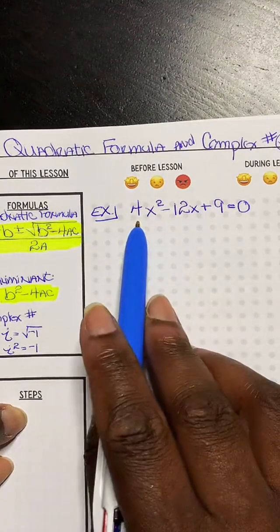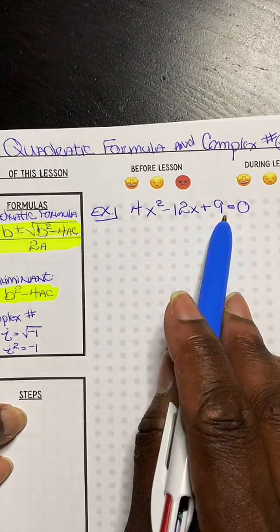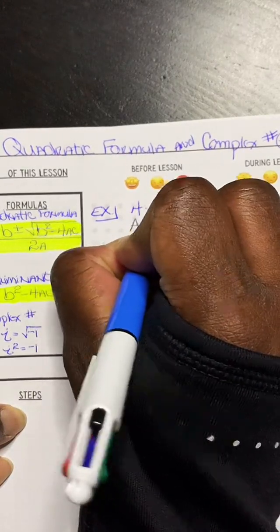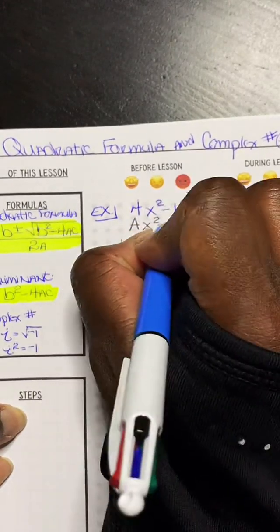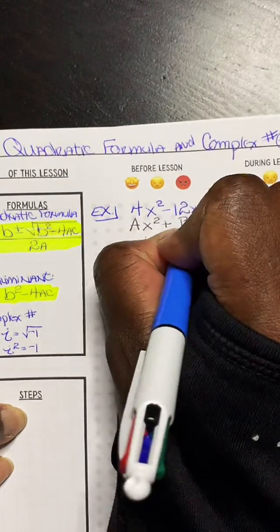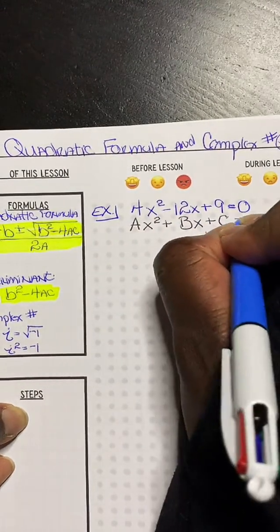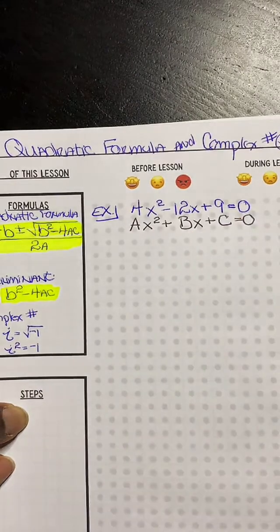This is in what's called standard form: ax squared plus bx plus c equals 0.